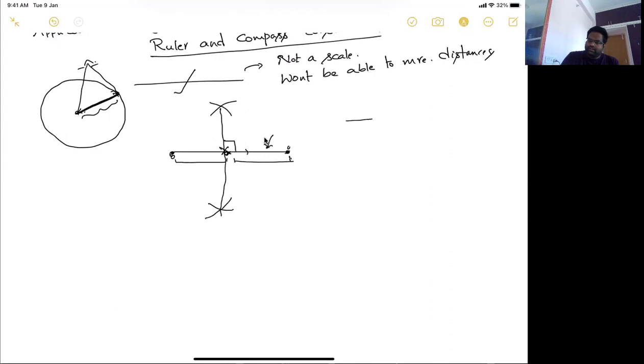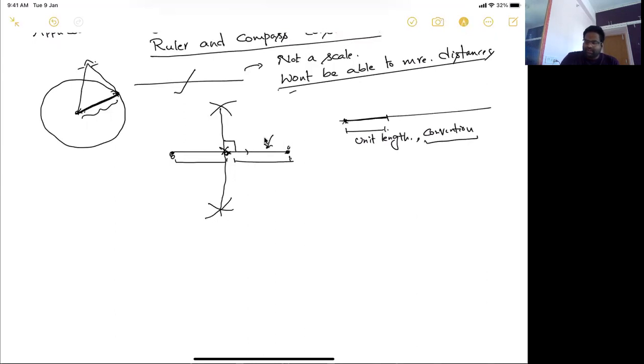Suppose you draw a straight line. You consider this to be unit length. This is purely convention. It need not be equal to 1 centimeter, because as I told you, you won't be able to measure distances. But you can make conventions as you wish. Now if somebody asks you to draw a straight line of unit length, then you can extend this.